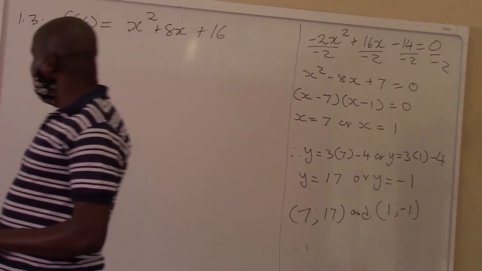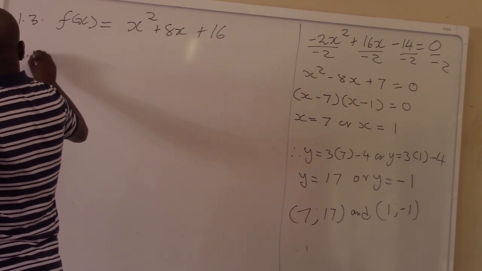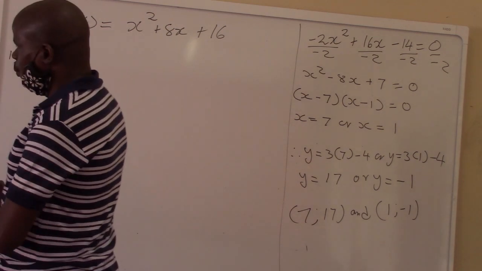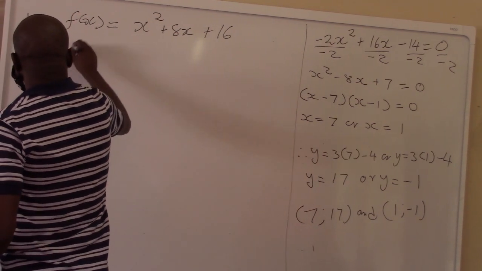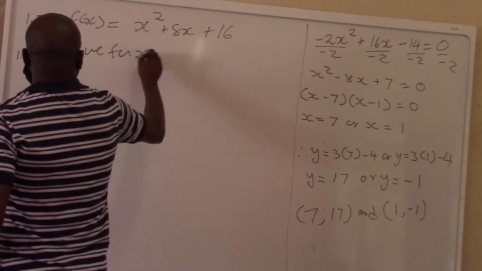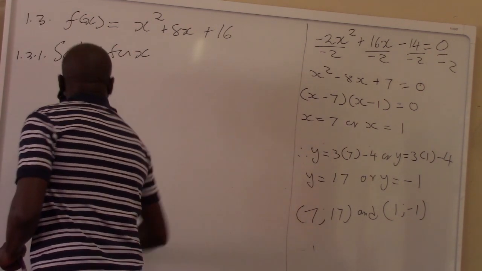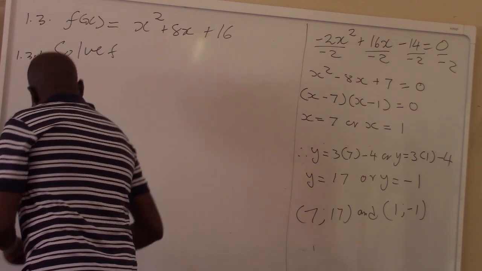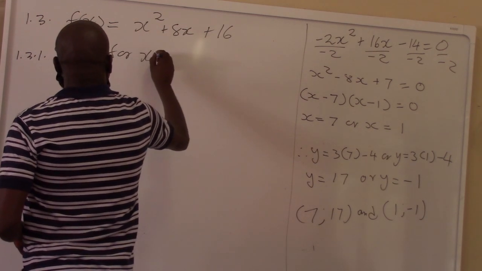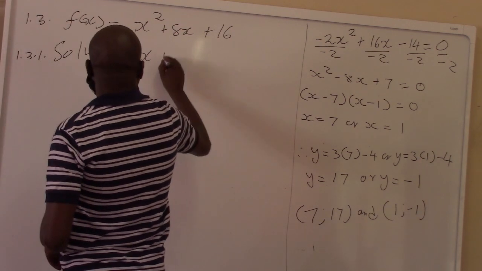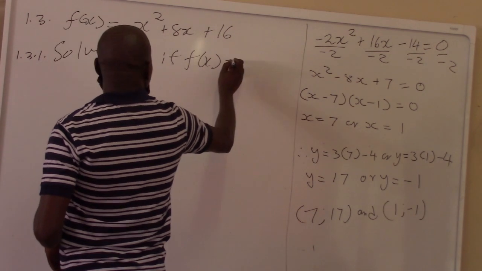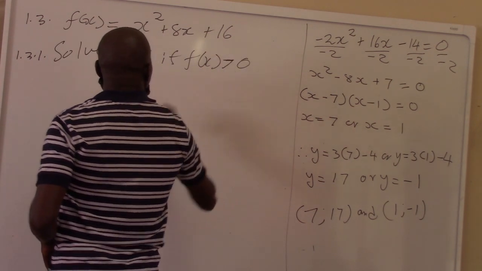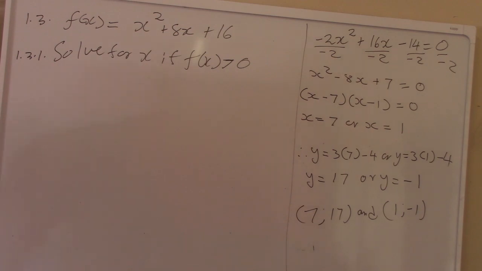So in 1.3.1, the question came, and they said solve for x if f of x is greater than 0. So then they said solve for x if f of x is greater than 0.